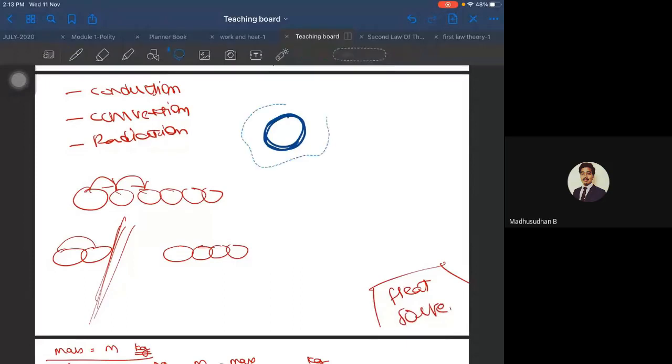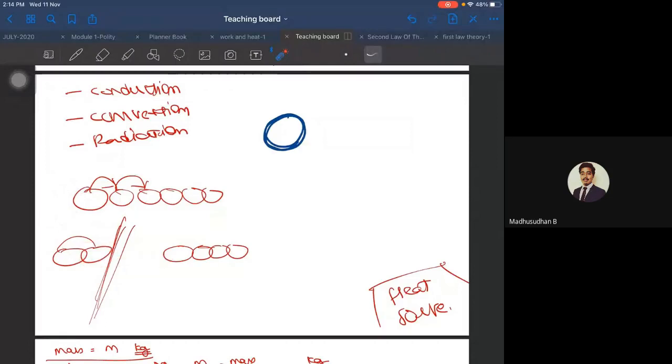Kindly look into it. Now, see, there is a molecule here, and there is a molecule here also. This particular molecule will not travel, is it? Whether this particular molecule here will travel here and give heat, that is not possible.